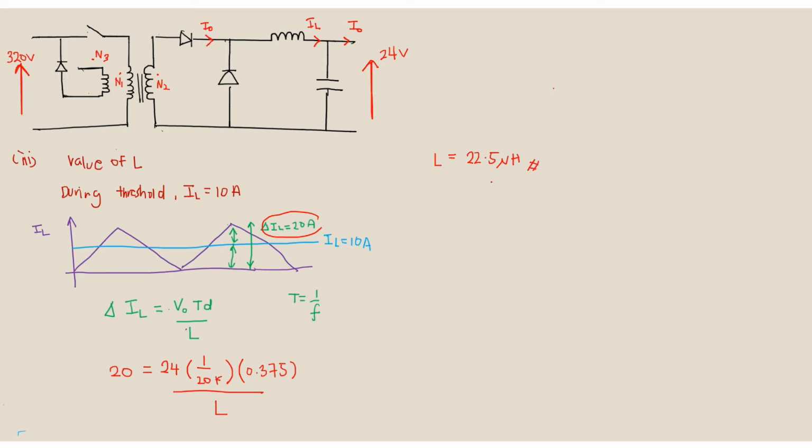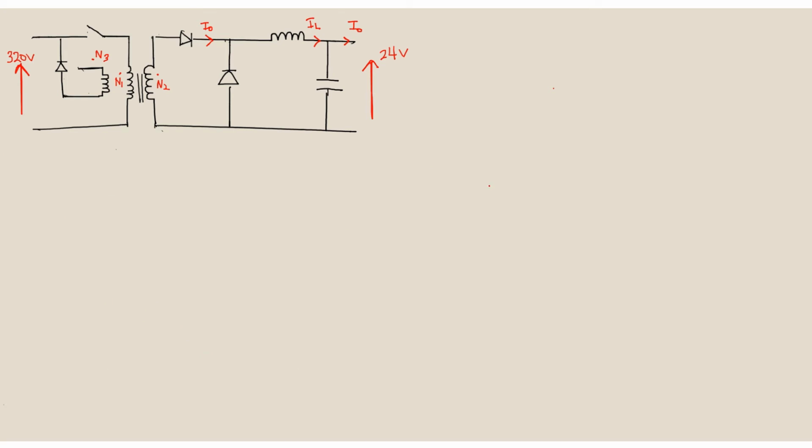Right, so let's calculate the last question, number 4. The last question asks you to calculate the peak transistor current, which is the IS peak.